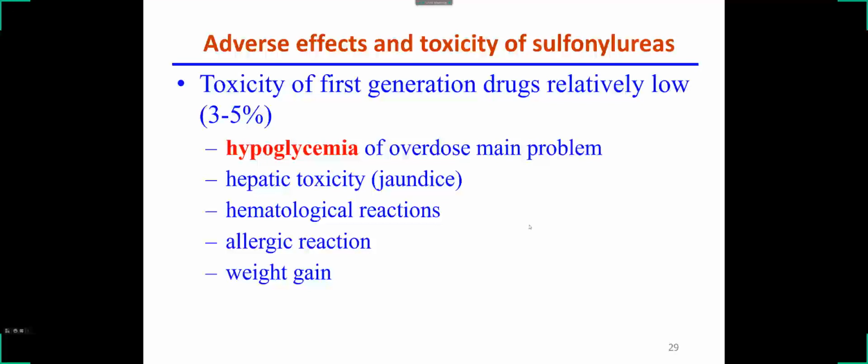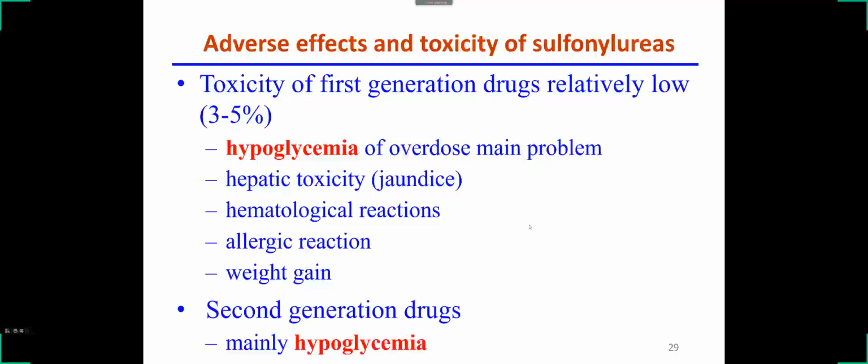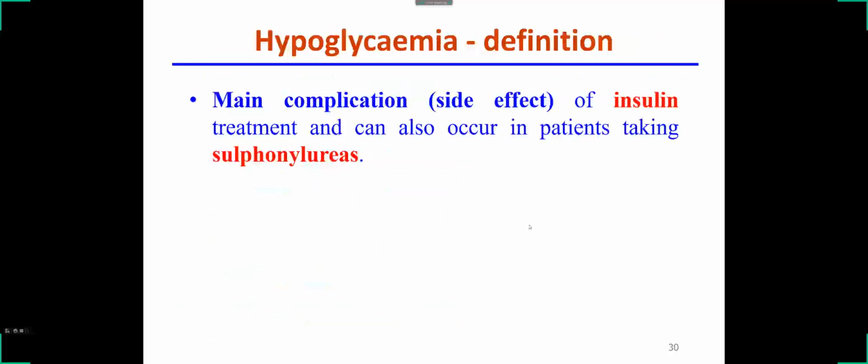But they can, in some cases, cause hypoglycemia, mainly because of overdose. Occasionally, you can see some hepatic toxicity, again, if severe overdose. Some people have hematological reactions or allergic reactions, and you do get some weight gain. The second generation drugs got rid of a large amount of these side effects, but they do still cause, in very rare cases of overdose, some hypoglycemia.